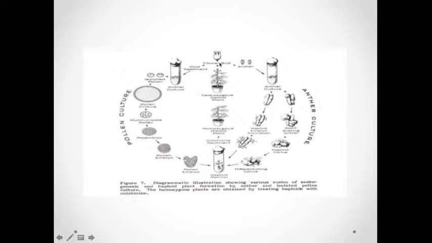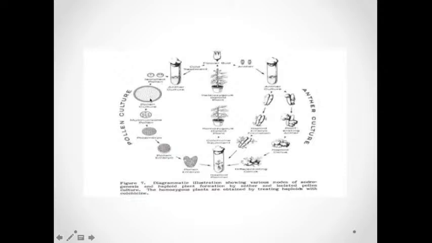So from your flower bud, this is your heterogeneous diploid plant. From this, you took the flower bud, and then from the flower bud, on one side you could go for pollen culture, or on the other side you could go to anther culture. You gave a cold treatment to the anther culture. Then you isolated the pollen from that.